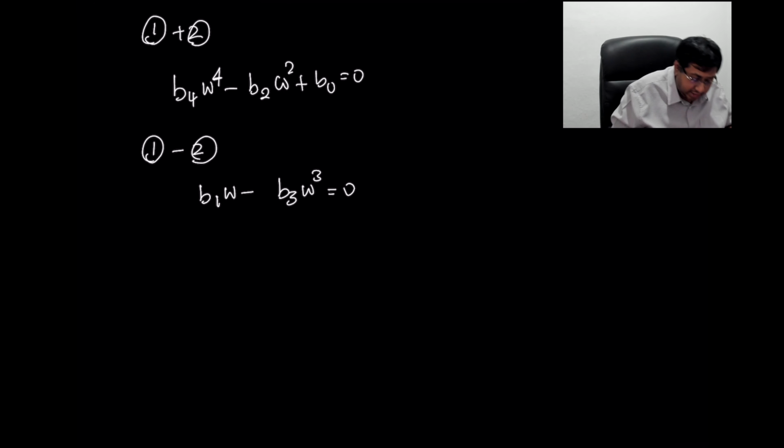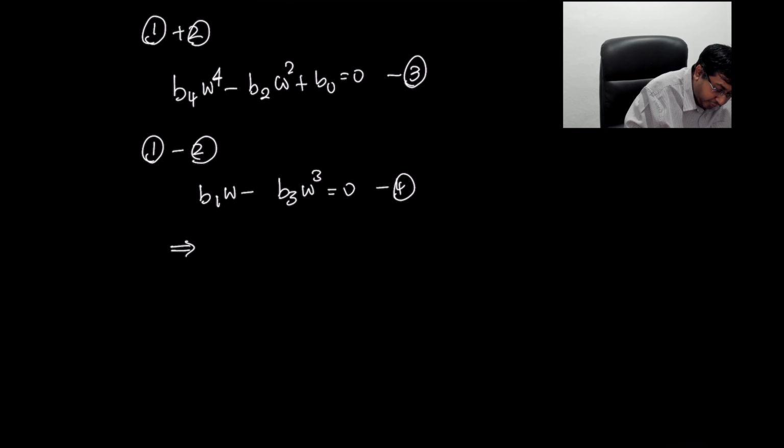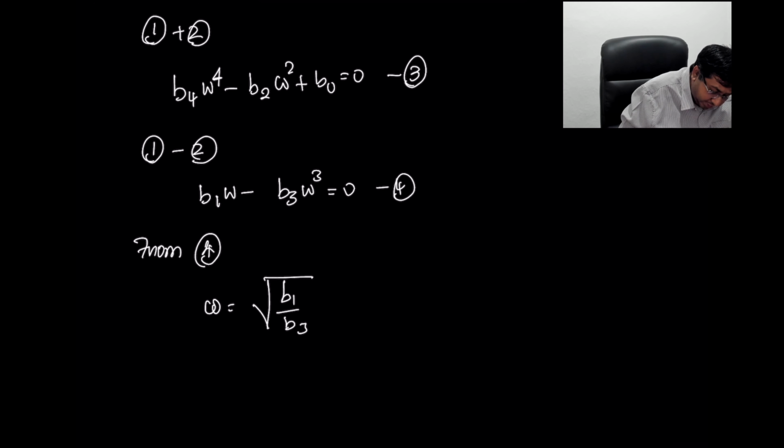Let's call these 3 and 4. So from 4, we can write omega is square root of b1 by b3.